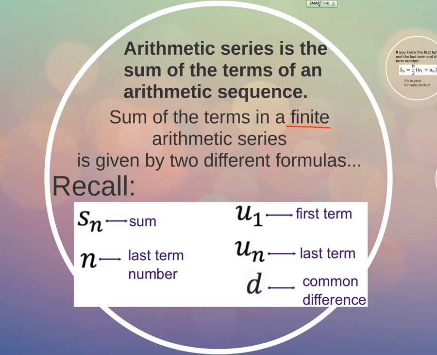Now U sub n, we've talked about how it's a term, but in this case, it will be the last term. So if we are adding up the first 25 terms, U sub n is the number that's in the 25th spot. So the meaning doesn't really change.